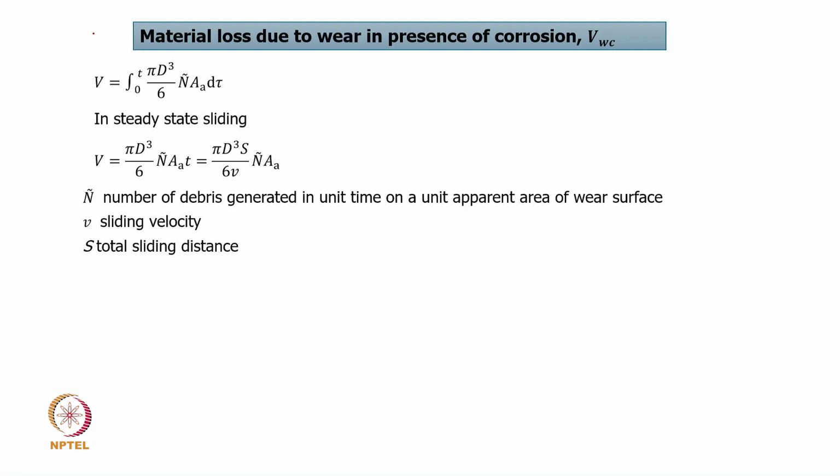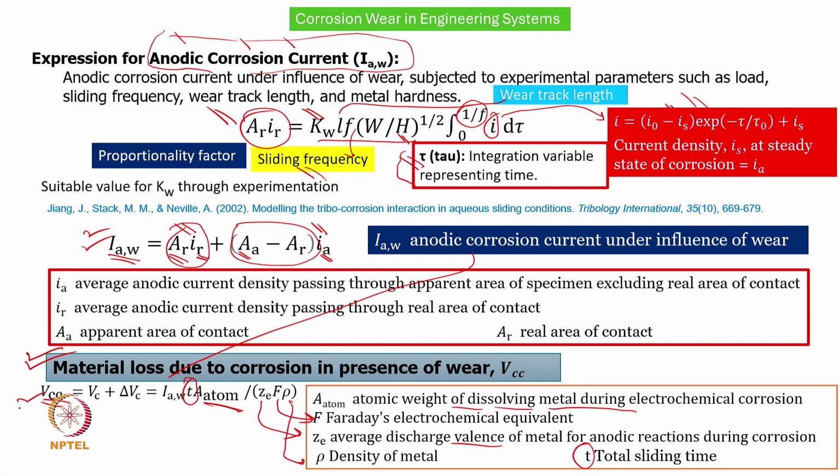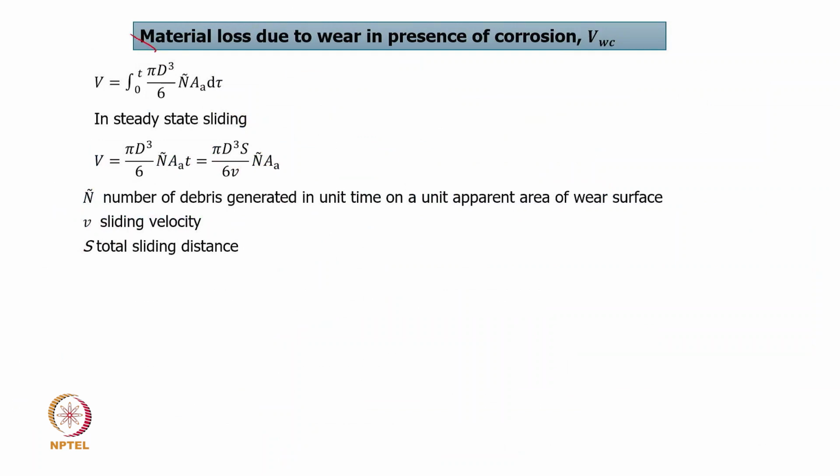Now another one, earlier one, which was because of the corrosion. V_CC is because of corrosion, and corrosion can be measured by measuring the I_AW, and then we also give the average discharge valency of the metal. These are the functions. But now coming to the second one, which is the material loss due to wear in the presence of corrosion, that's V_WC.